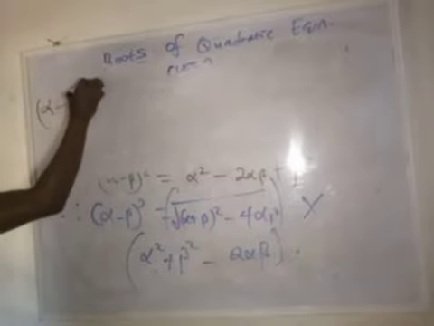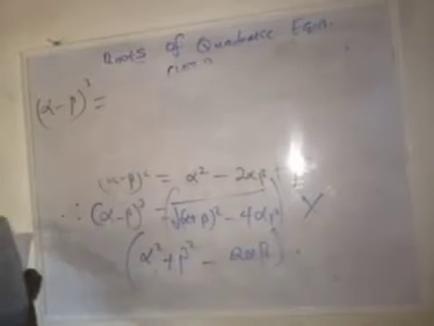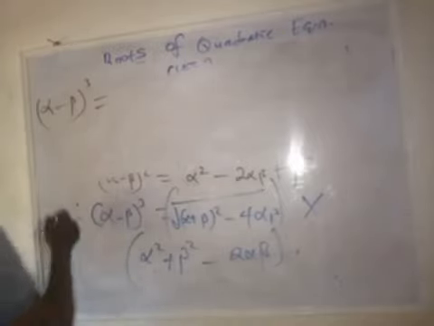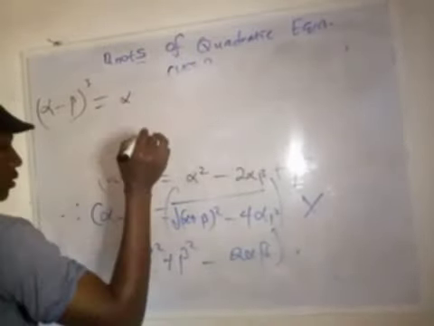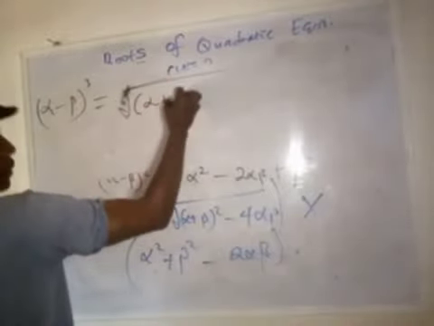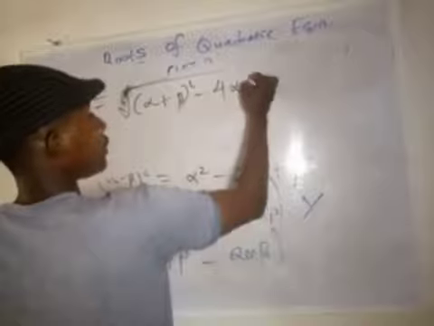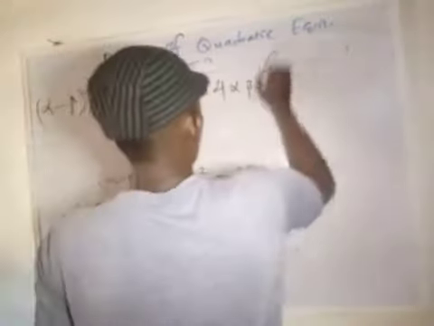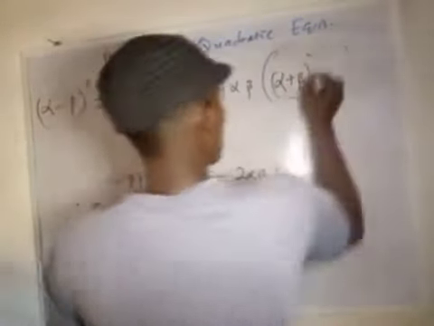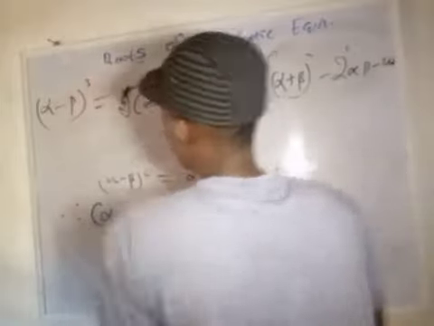alpha minus beta cubed, right? Alpha minus beta cubed will be equivalent to the square root of alpha plus beta squared minus 4 alpha beta into the bracket of alpha plus beta squared minus 2 alpha beta minus 2 alpha beta.